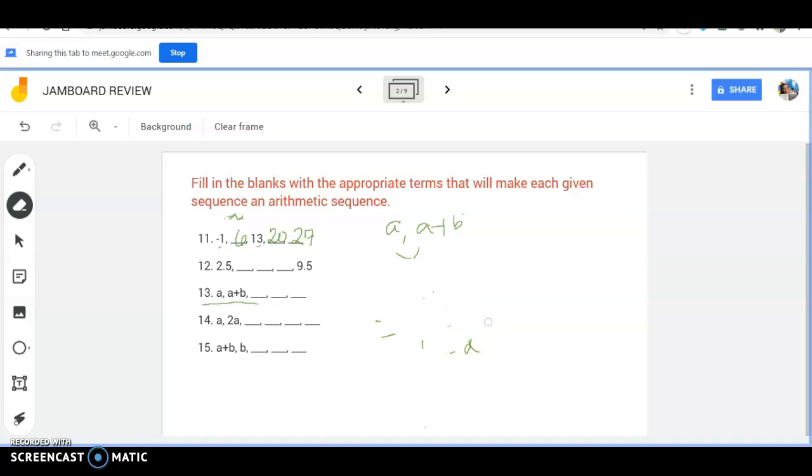Okay, let me illustrate it properly. If our common difference for this sequence is B, then since they are different, only B is retained on the other side, so it is still plus B.